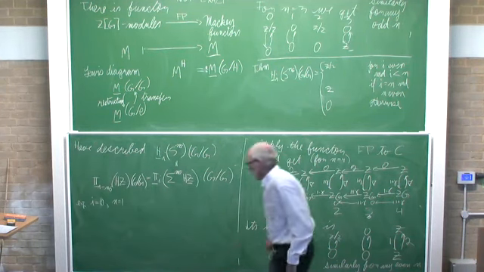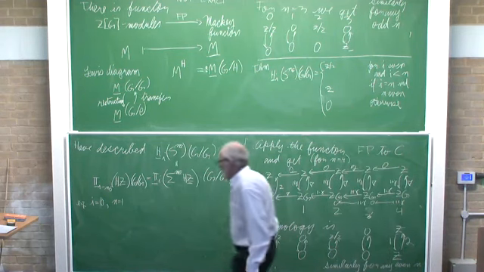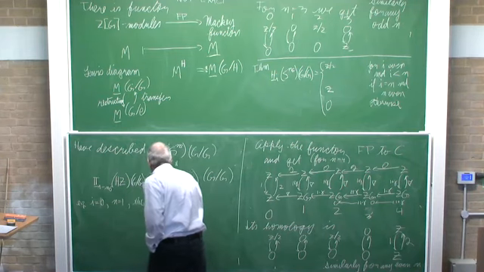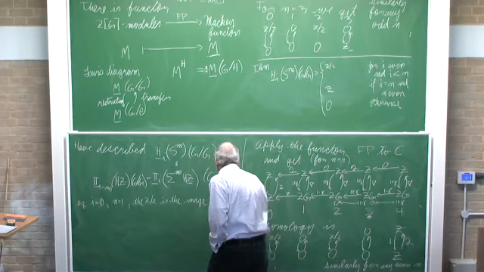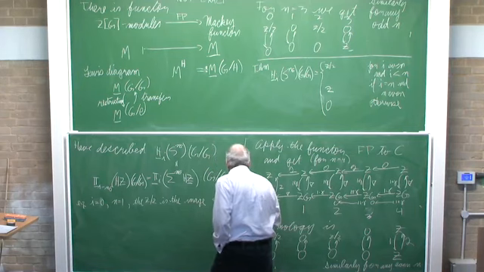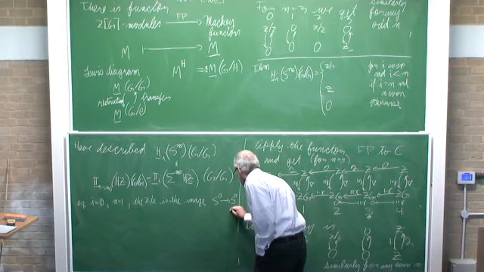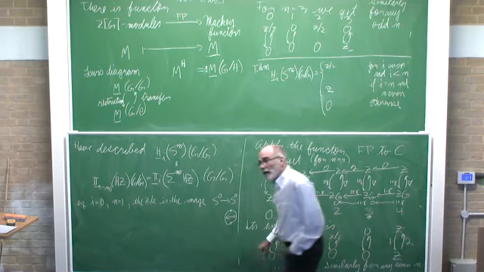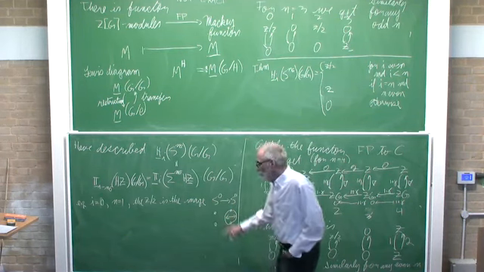So in that case, if i equals 0 and n equals 1, we're getting a copy of Z mod 2, and it's related to the following map. This is the sigma sphere, meaning, I can draw a picture of it. This is a circle where the group acts by reflection. And this is its fixed point set, which is the two poles. And this is the inclusion map.